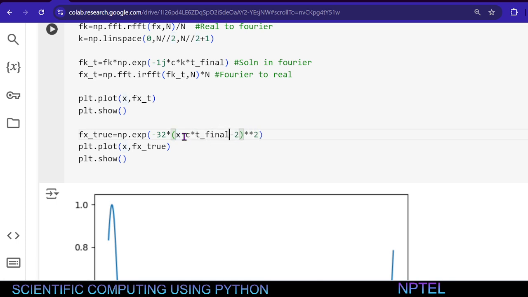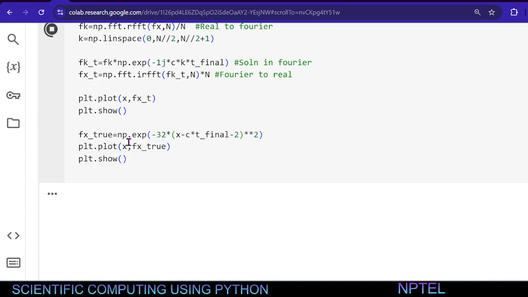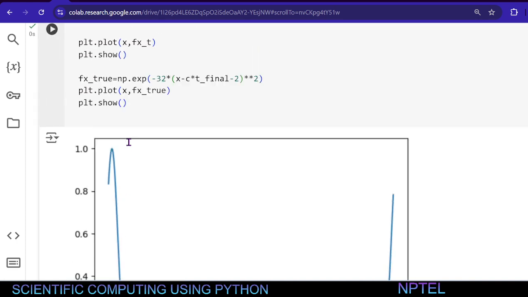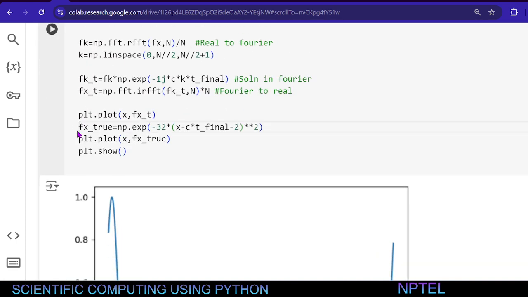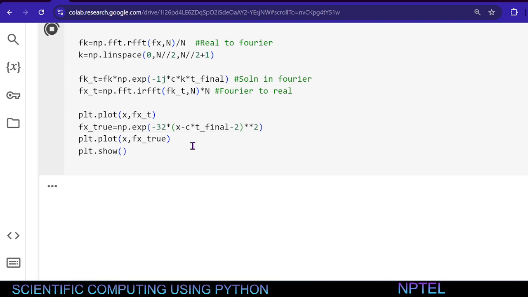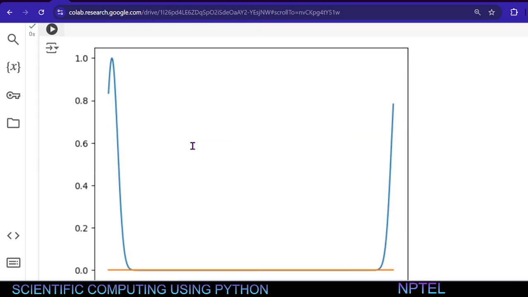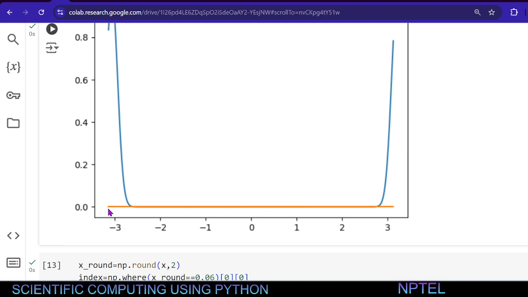This is the true solution, right? So let's plot this. Oh, in the same way. Yeah, so this orange one is the second one, and as you can see, it's just 0.